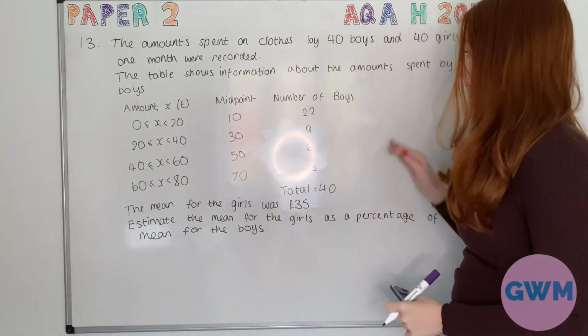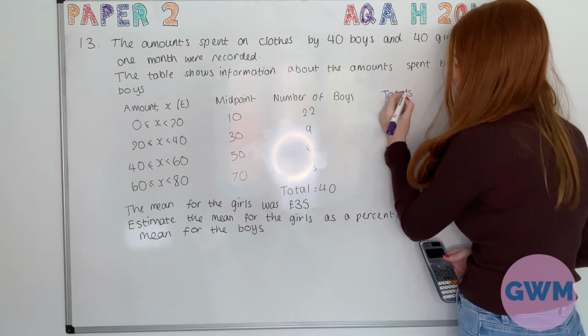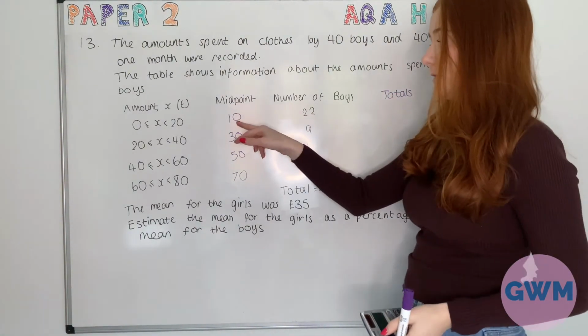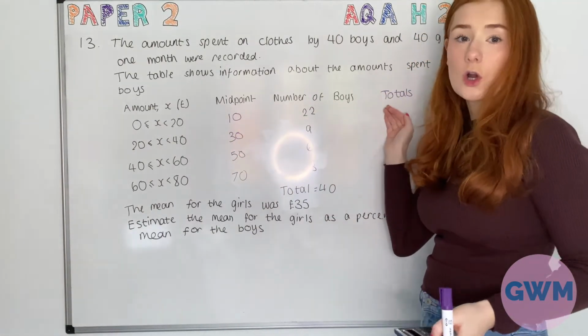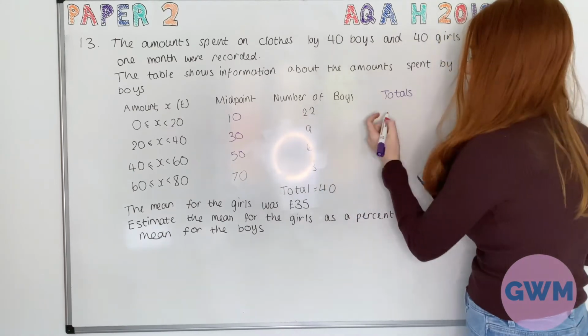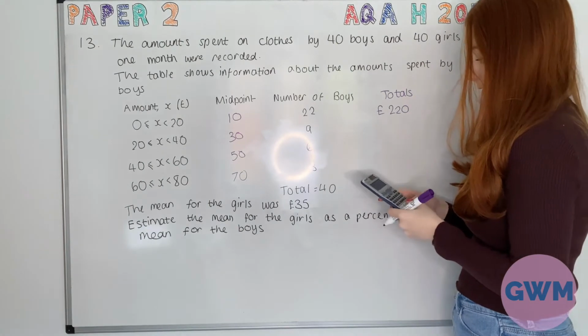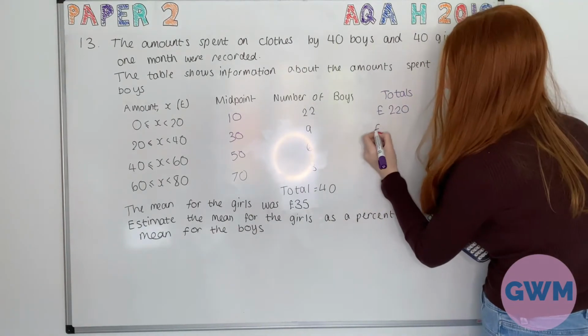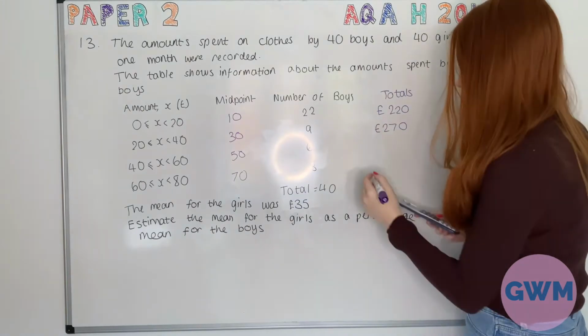Then we want to fill in the totals category. To do that, we need to multiply the midpoint by the number of boys to get the amount spent per group. So 10 times 22 is £220. 30 times 9 is 270. 50 times 6 is 300.